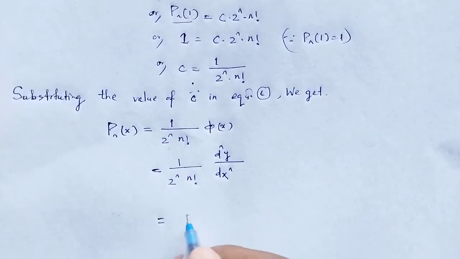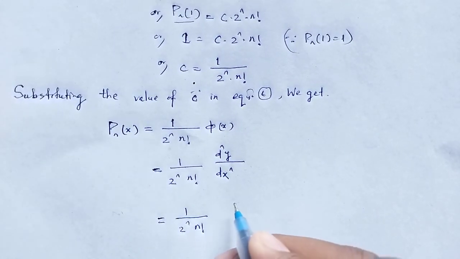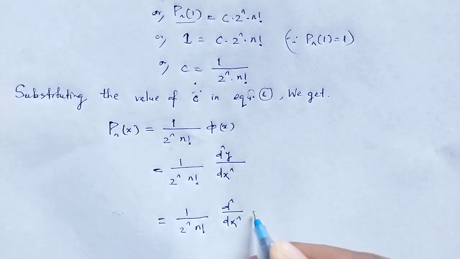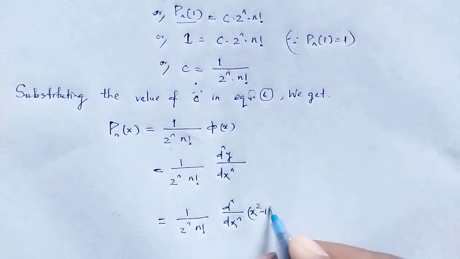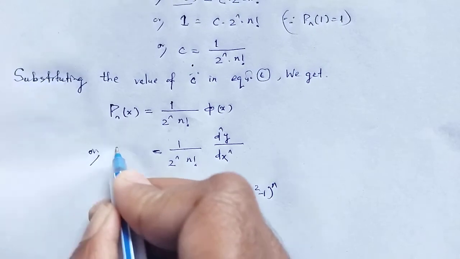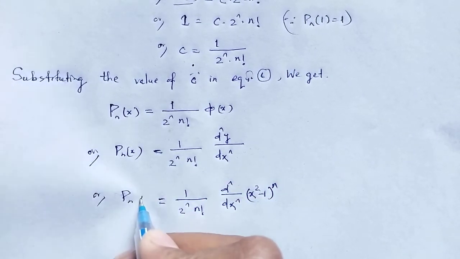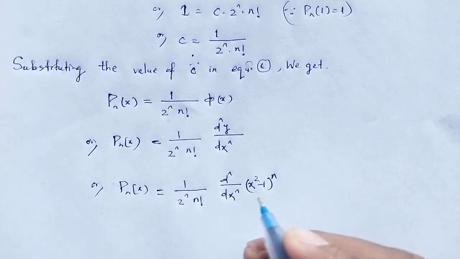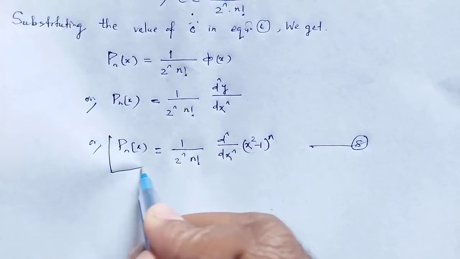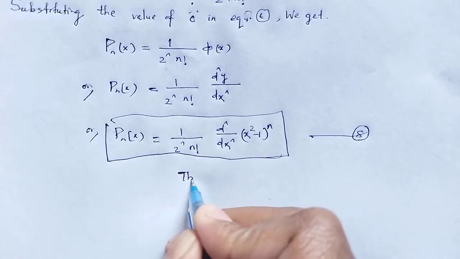Again the value of y, 1 by 2^n n factorial d^n/dx^n of (x^2-1)^n, that is Pn of x. Here we prove that one. This is the Rodrigues formula.